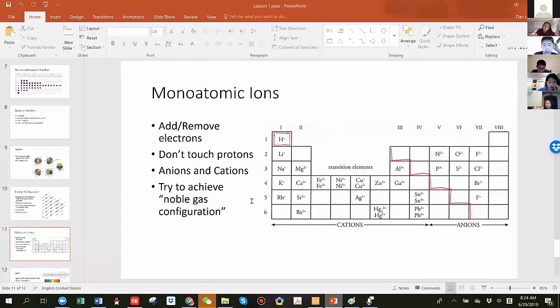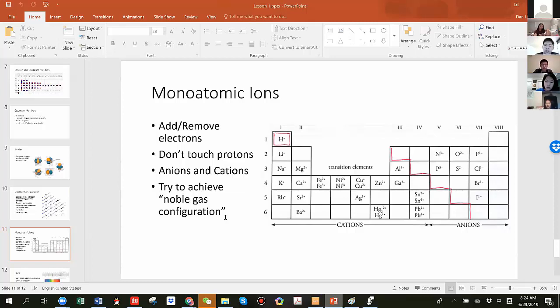Okay, so now we can talk about monatomic ions. Basically, the major idea here is that an atom, to be more stable, wants to achieve what we'll call a noble gas configuration. So it wants to have the electron configuration of a noble gas.